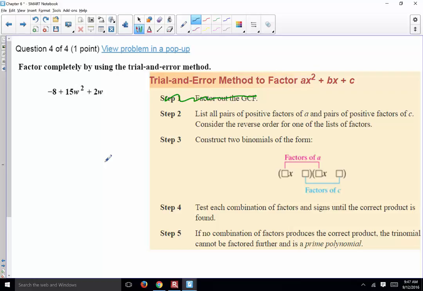Any answers? Too hard, huh? Tell me the factors again. 5w plus 4 and 3w minus 2.